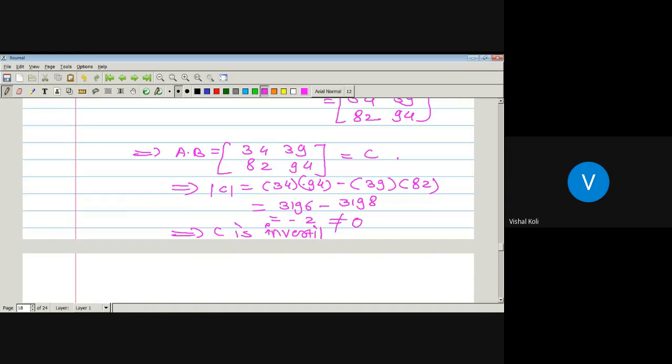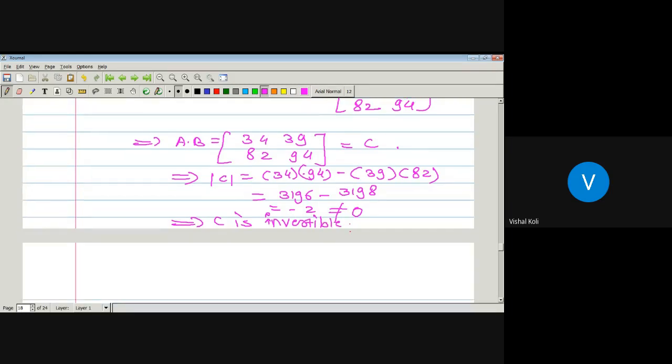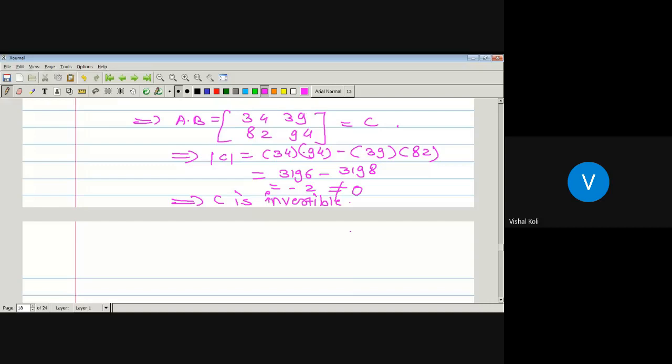So here we have taken C, the matrix A into B, which is an invertible matrix. To find its inverse, we have to find its cofactors. The cofactors of matrix C are: C11 is minus 1 to the power 2 into 94, C12 is minus 1 to the power 3 into 82, minus 82, C21 is minus 1 into 39, which is minus 39, C22 is plus 1 into 34.